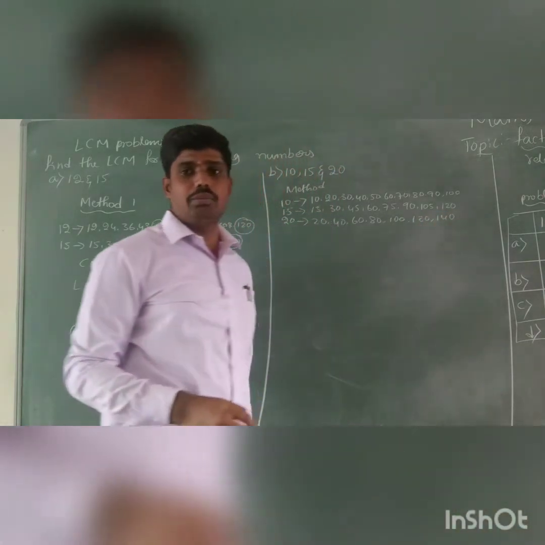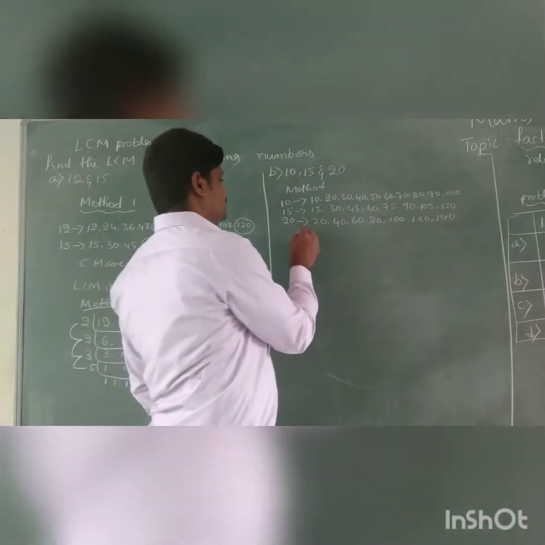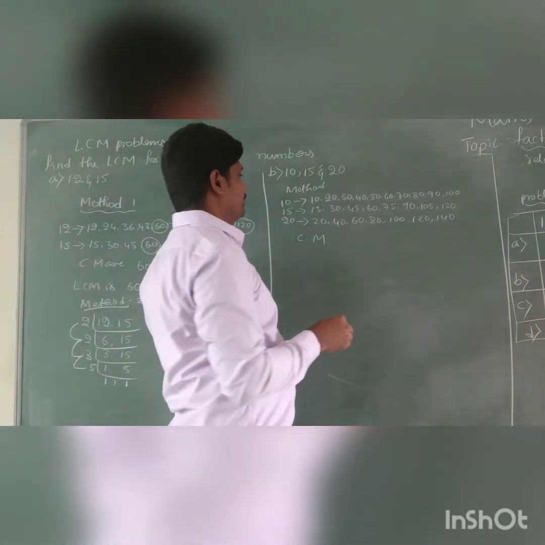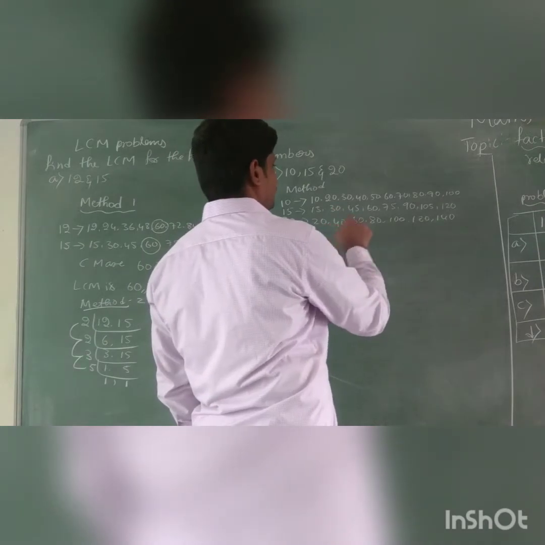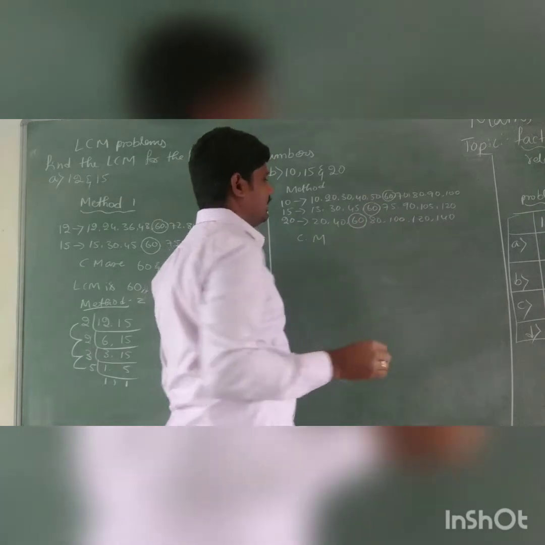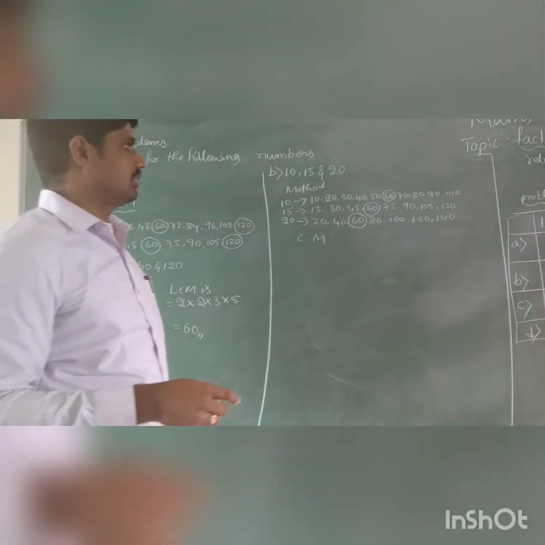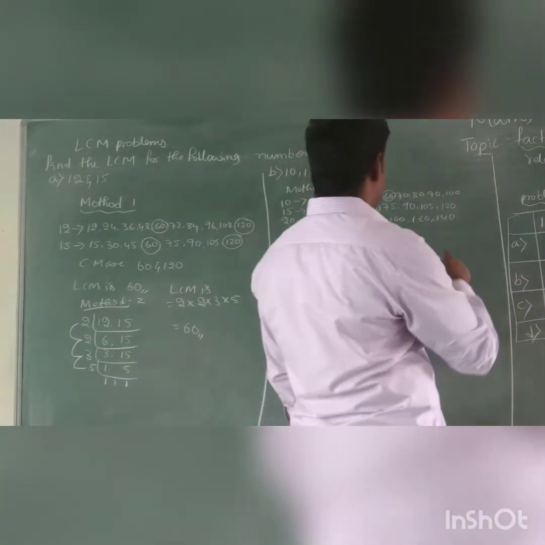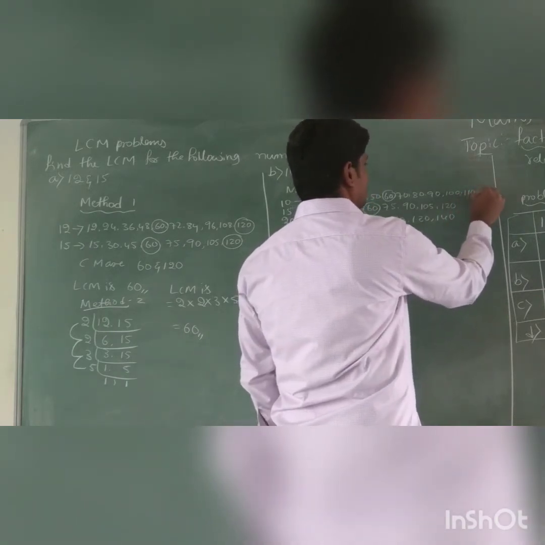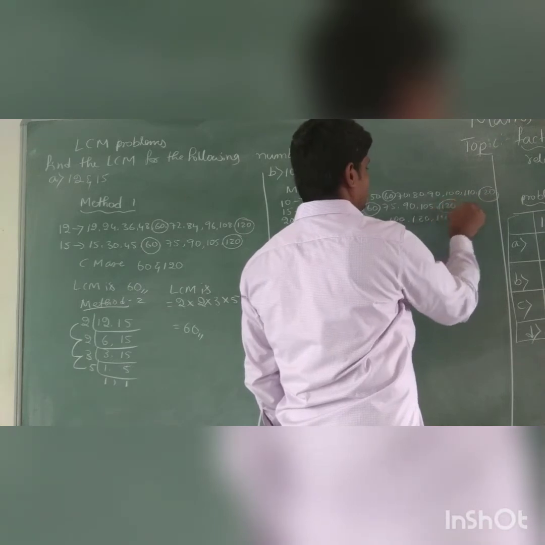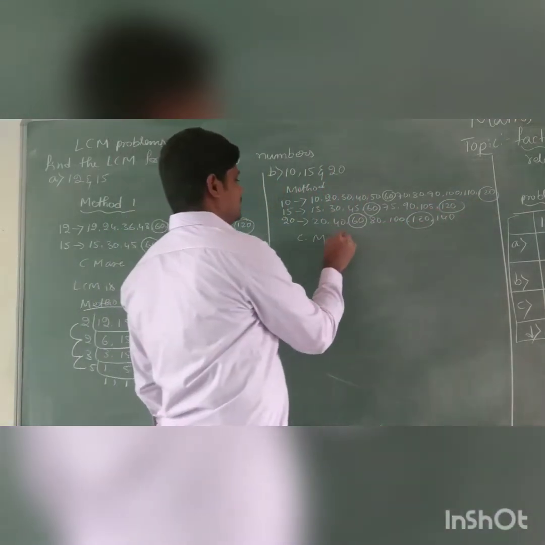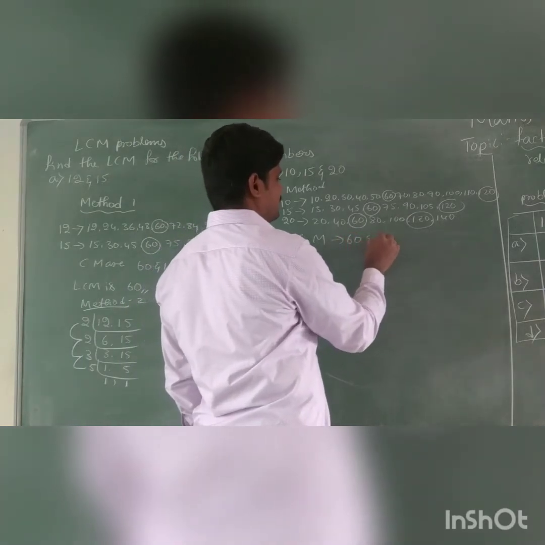Now find the common multiples. Which are the common multiples of 10, 15 and 20? Observe all of them. 60 is a common multiple. Next, 120 is also a common multiple. 60 and 120 are the common multiples.